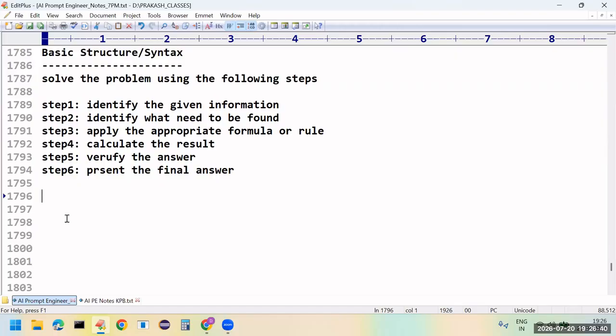Clear? Please confirm. Right. Can I continue? Yes.